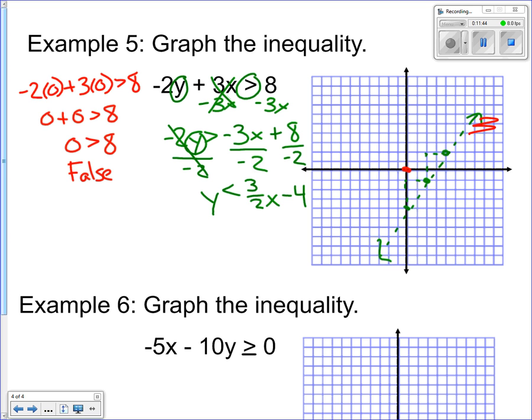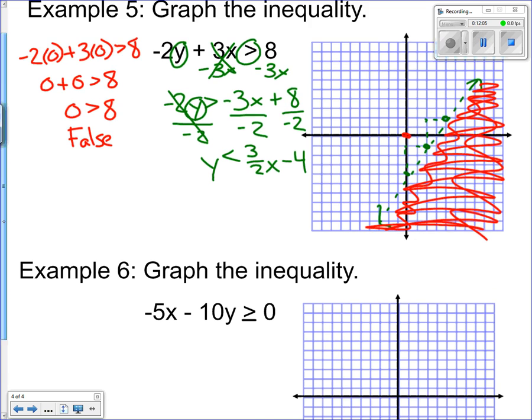My answer is everything below. So I would shade everything below that, the region that did not have 0, 0. There's my answer. Again, the graph is the answer. That dashed line and everything underneath it works.